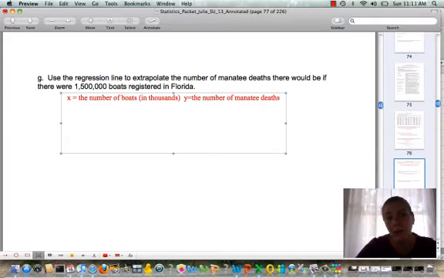So in our equation, we can say Y equals 0.1177, and then in place of X, we're going to put in the number of boats. Remember, the number of boats is in thousands. So when they ask about 1,500,000, we can cross off 3 of these zeros and just plug in here 1,500 because it's already measured in thousands.